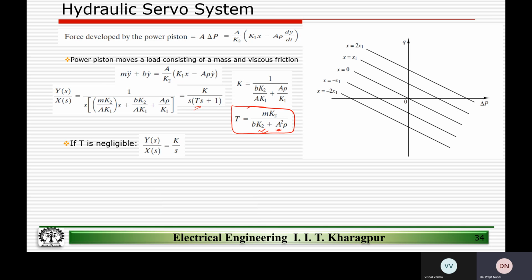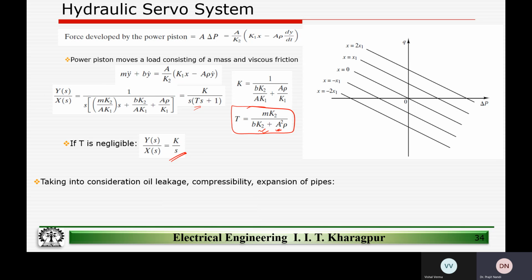We are reducing t, the time constant, making it very low, so the system is going to respond pretty fast, and then we see that the hydraulic system that we have been describing behaves as a simple integrator, right?